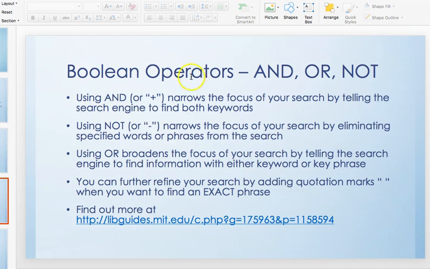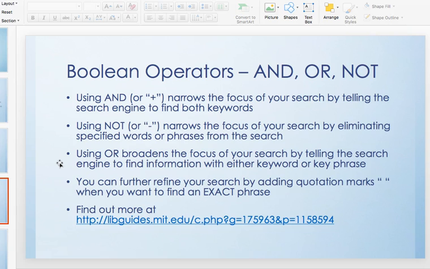The Boolean operators are and, or, and not. If we use and, or the plus symbol, it will narrow the focus of your search by essentially telling the search engine to find both of the keywords or key phrases that you typed in. Using not, or the minus symbol, will narrow the focus of your search by eliminating those words or phrases.